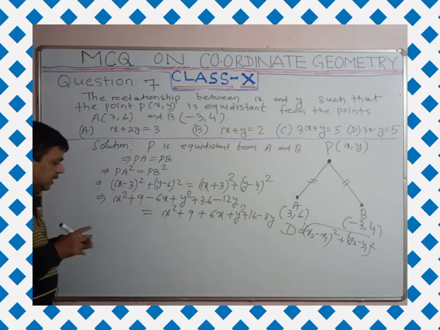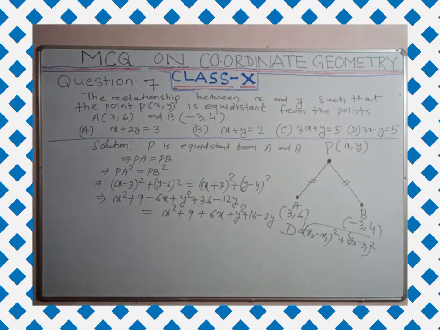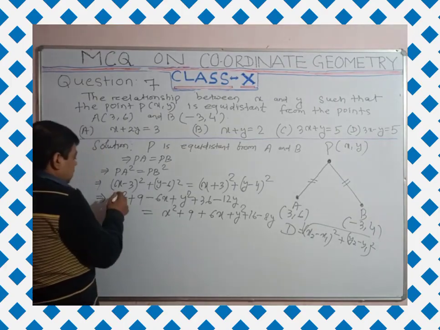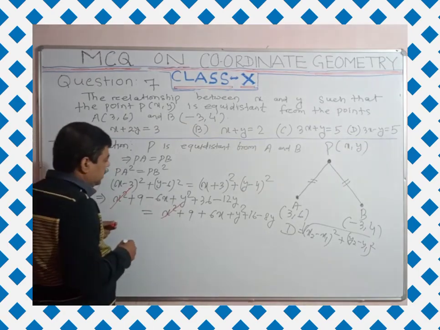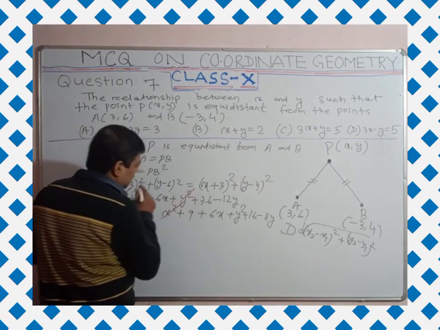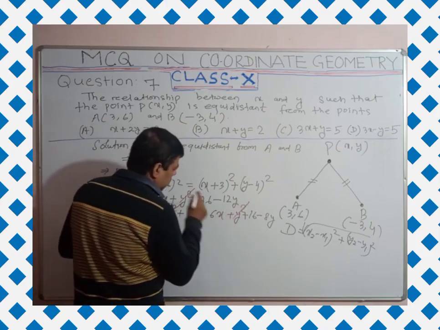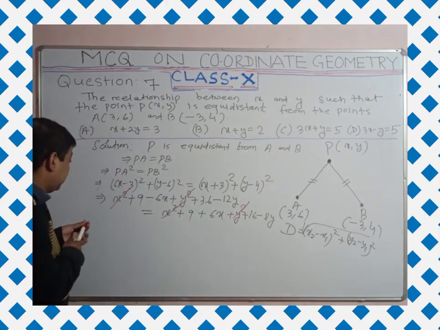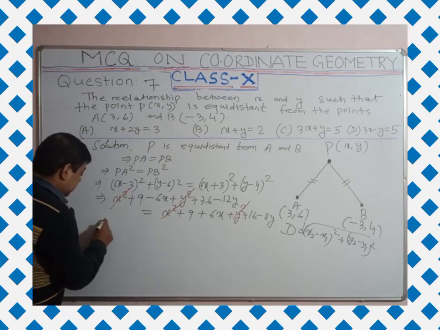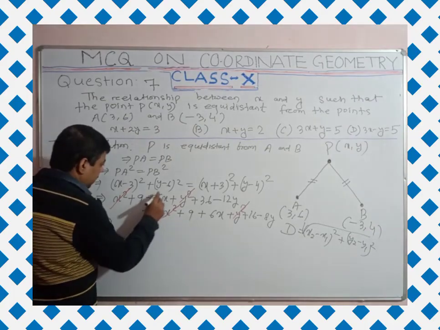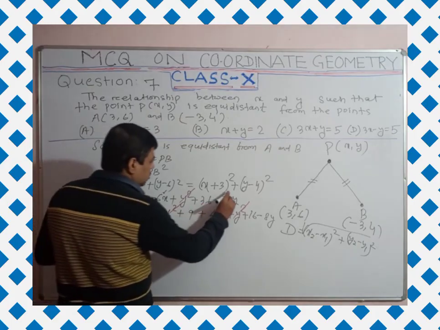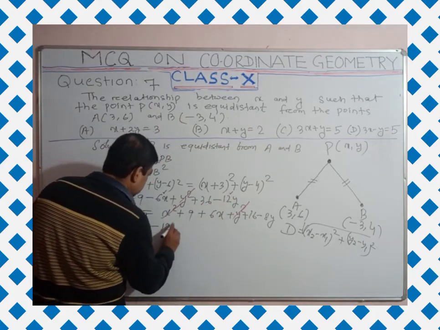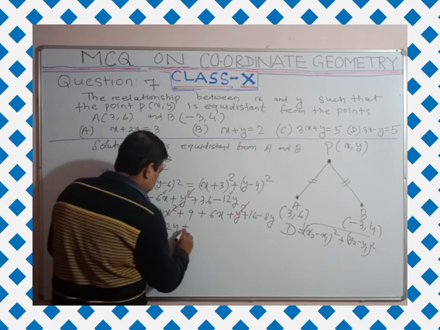Right? Okay, understand? Then next you see the plus x square on the left hand side and plus x square on the right hand side, we can cancel. Here plus y square on the left hand side and plus y square on the right hand side we can cancel. After that you will arrange. Let us arrange according to the variable. Let us write minus 6x, minus 12y, 9 plus 36.